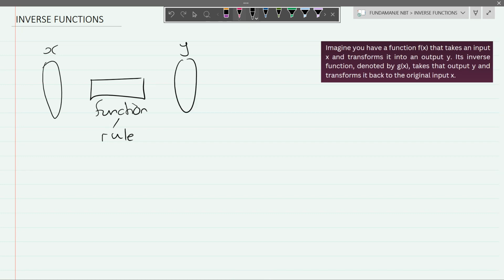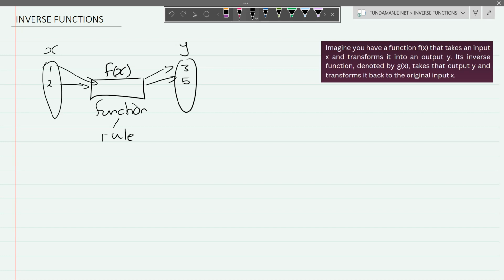So x like 1, some rule, and then we get y out, which could be something like 3. Then we take in another input, we put it into that function and we get 5 out. So this is what we're imagining. We have a function f of x. Some function is being applied onto x, it is transformed, and we get the output.